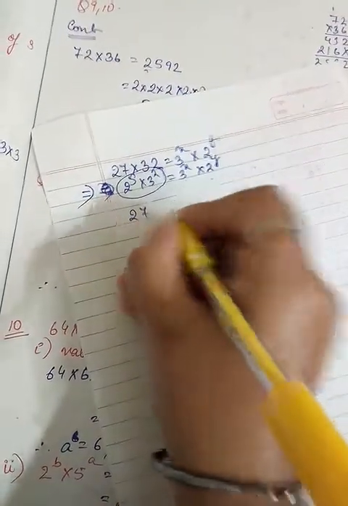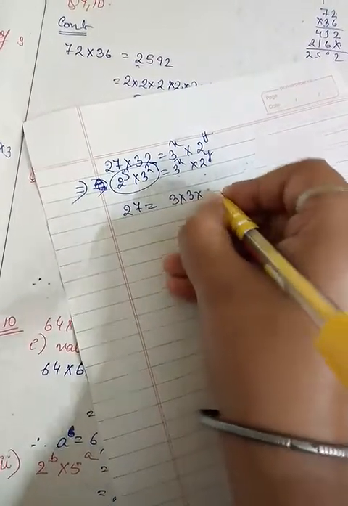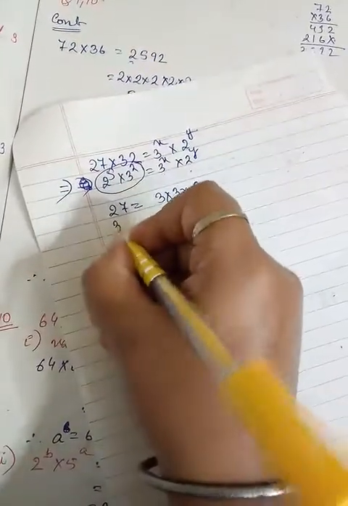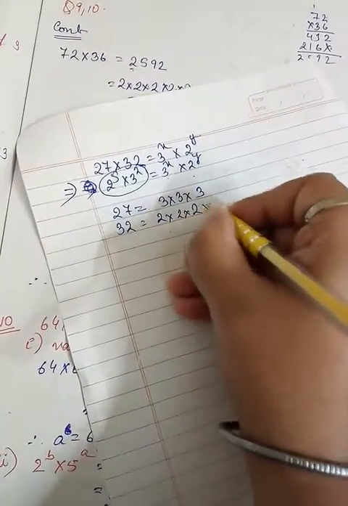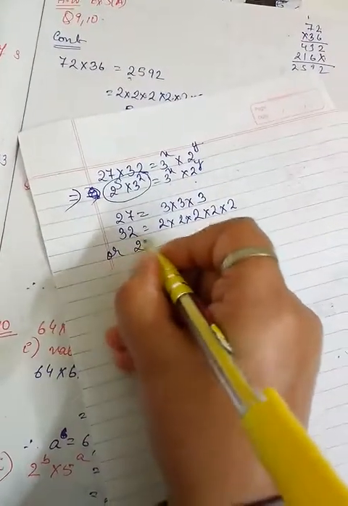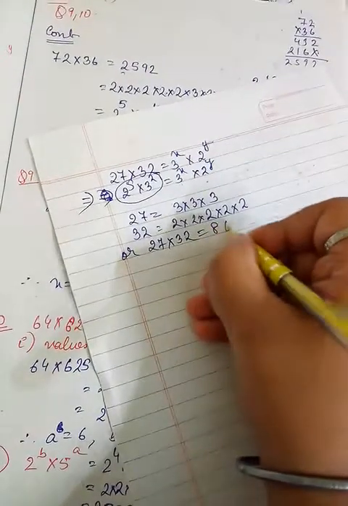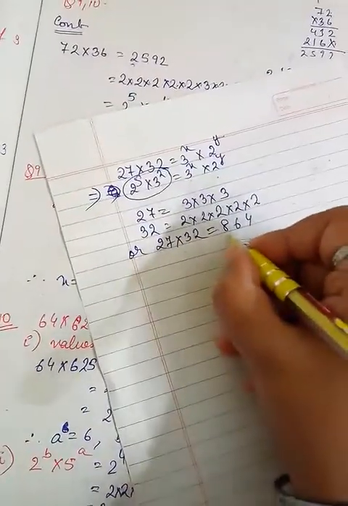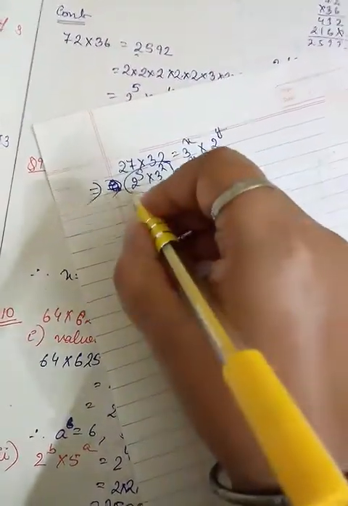You either first write down the prime factorization of the numbers, or you first multiply these two numbers, find out the prime factorization of these numbers, find the exponents, and then come to this step.